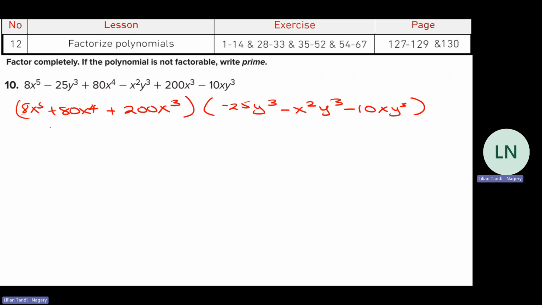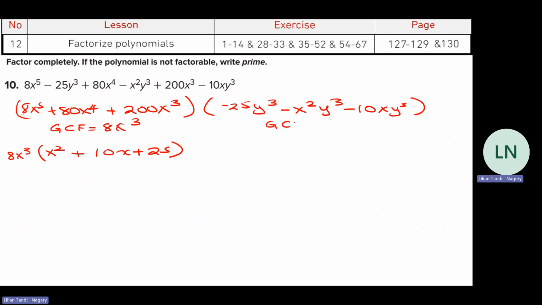Here, greatest common factor is 8x cubed. So 8x cubed is going to give you x squared plus 10x plus 25.